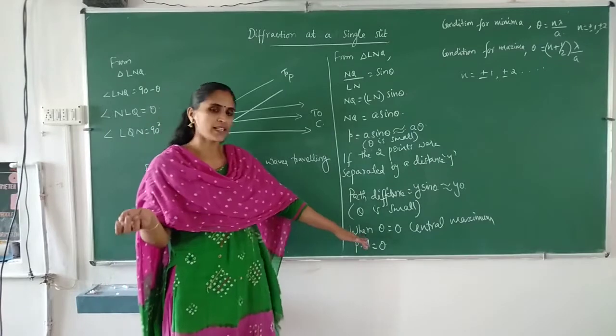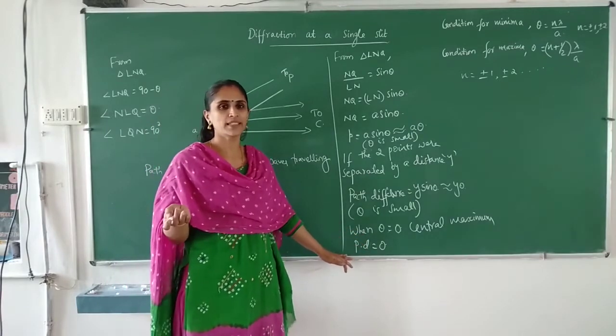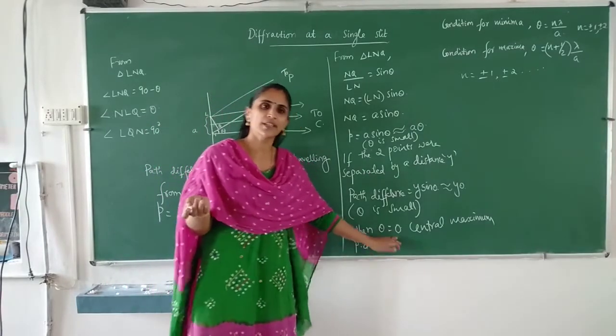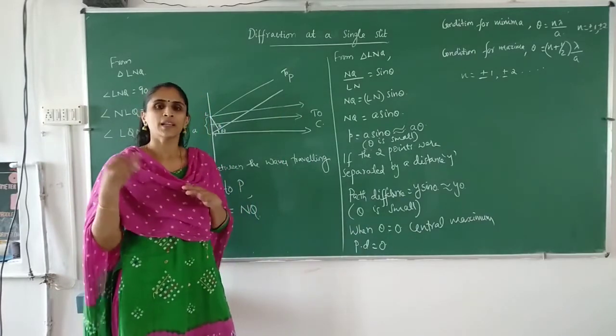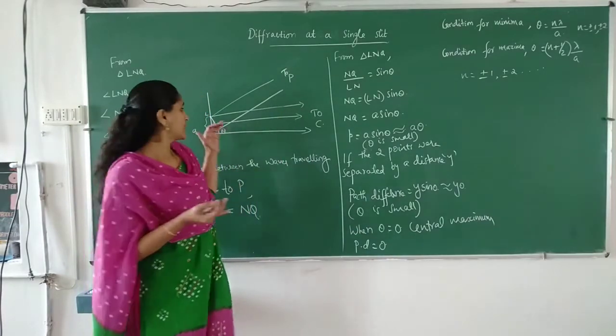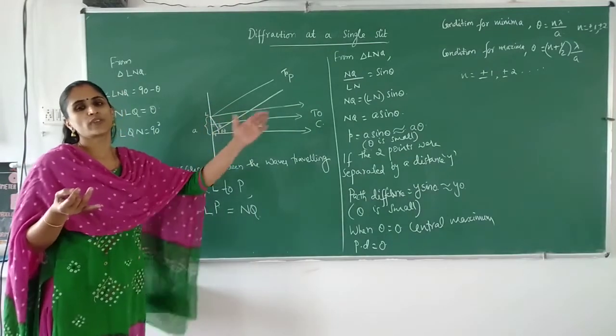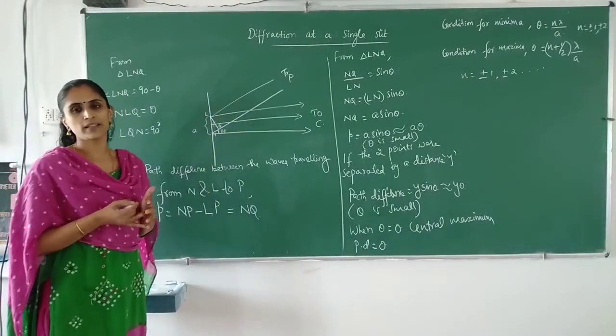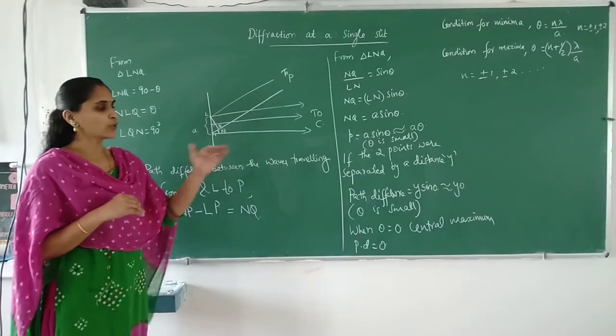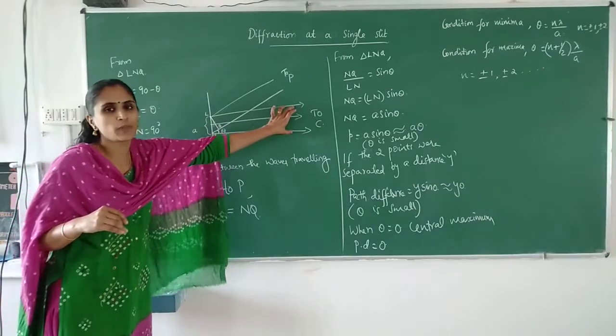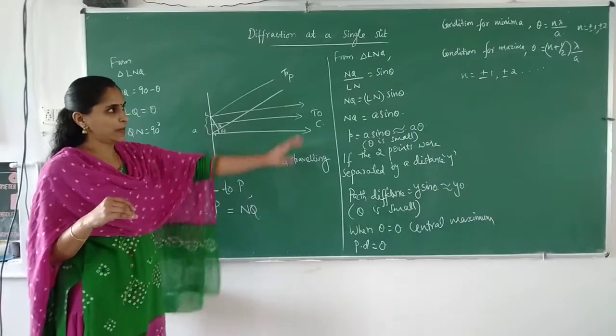Already we discussed that the central point will be of maximum intensity because the path difference is 0. So from each point of the slit, the waves reaching there will have crest combining with crest or trough with trough, giving maximum intensity.